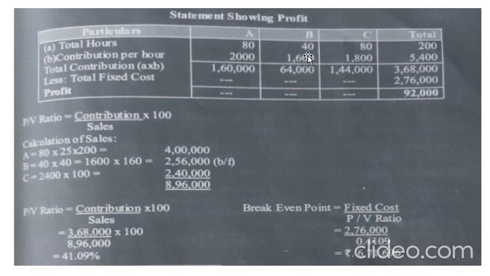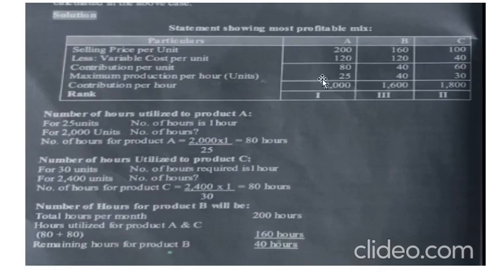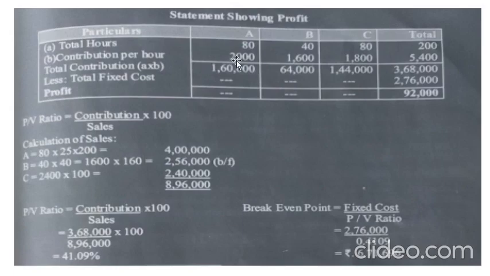The contribution per hour which you have already calculated is 2000, 1600, 1800. We will be multiplying with the hours. This contribution is for 1 hour. So for A, 2000 is the contribution, into the total hours used to meet the demand, which is 80 hours.